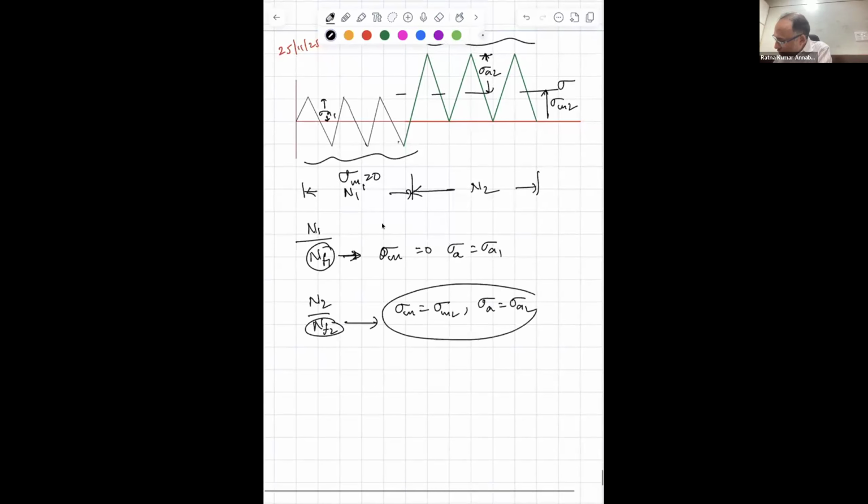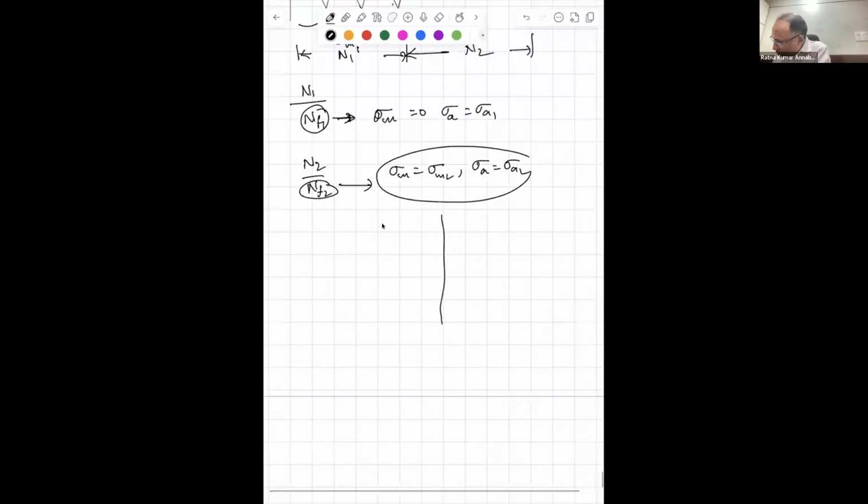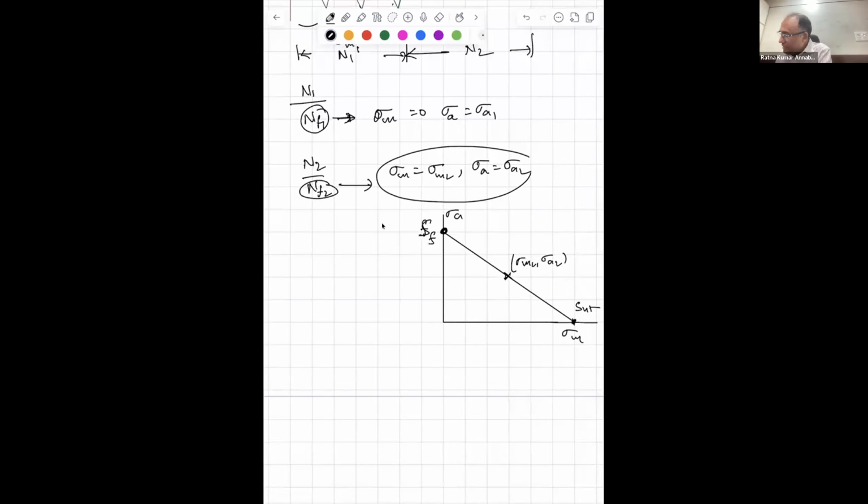How do I do that? I go to the sigma m, sigma a curve, and here I identify this is my sigma m2, sigma a2. Let us say that is my sigma SUT. Then I draw a line connecting these two, and I get my SF. Corresponding to this SF, I am calling it SF2, I will calculate my NF.